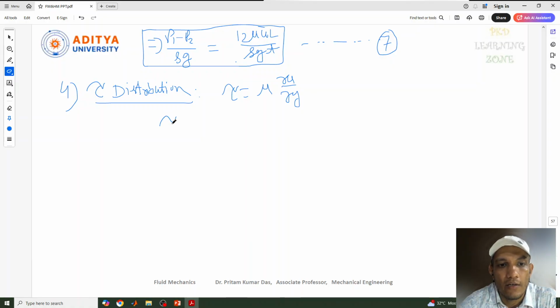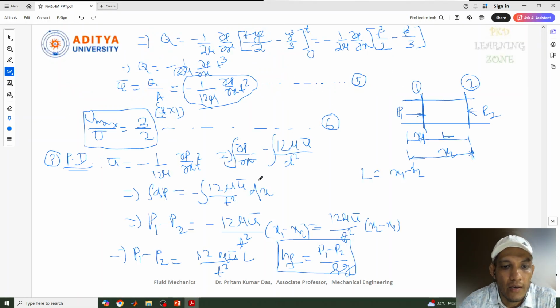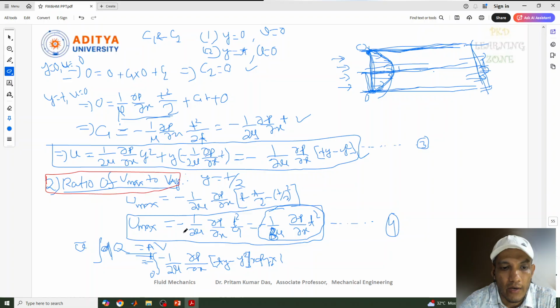So we can write tau equal to mu into du by dy. We just need to put the value of u here with respect to dy. Where did we get the value? Yeah, this one: minus 1 by 2 mu del p by del x into (t y minus y square).